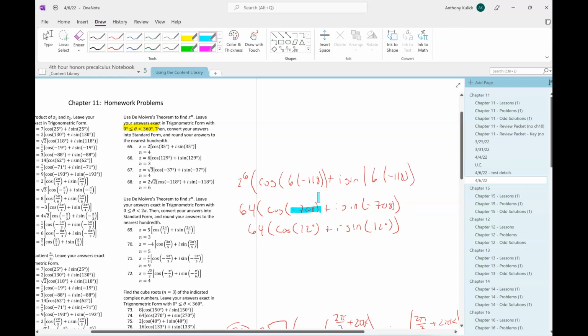If I add 360 twice, that'll get you to a positive angle, 12 degrees. Yeah, like back to first semester. Paul, you happy? Okay. And which one? That was 68.